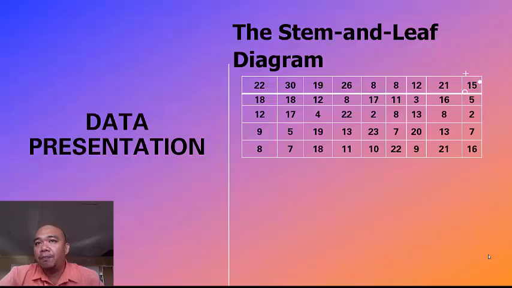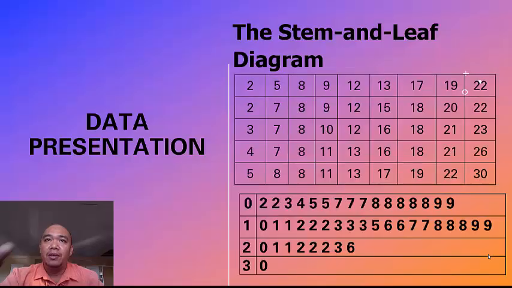So this is an example of our data. If we are going to present this data in the form of a stem and leaf diagram, first we arrange our data either ascending or descending.